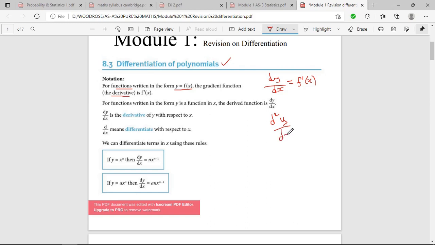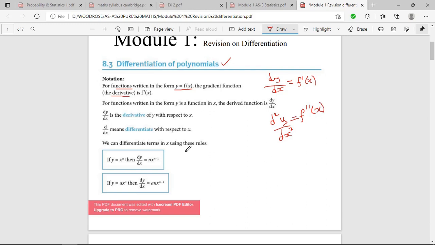If you differentiate the gradient function again, you get the second derivative, which is denoted by d squared y over dx squared, or f double prime of x.